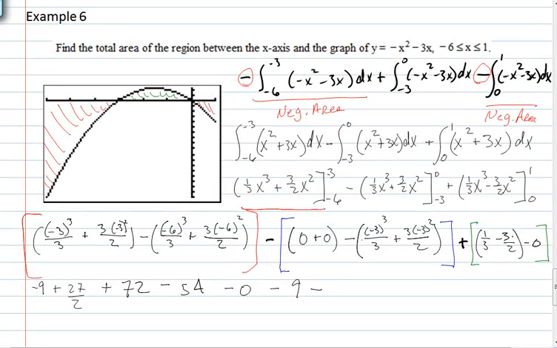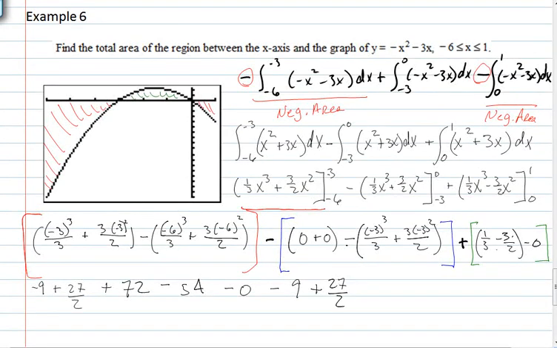Well, that negative right there would cause it to be a plus, this one right here, because that's going to be a negative, but there's a negative outside the bracket as well, so it's a negative 9. All right, and this is going to be 3 squared, so that's going to be 27 over 2, and it's going to be positive, so that's plus 27 over 2.